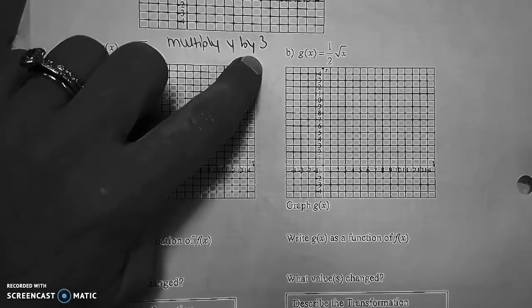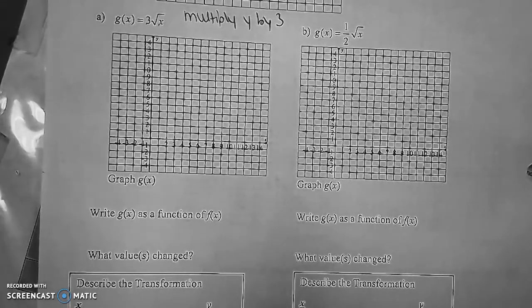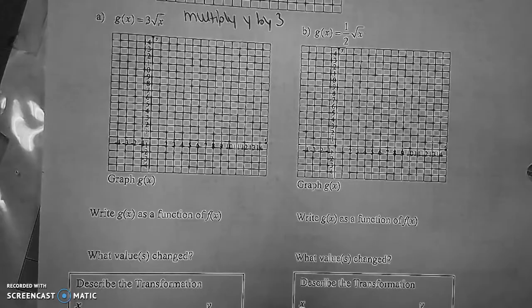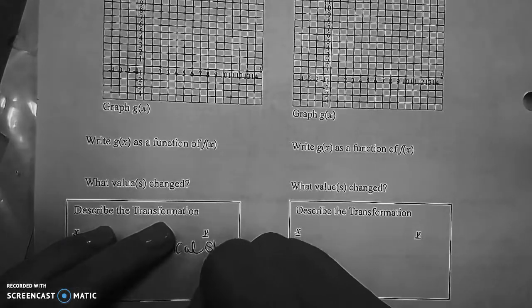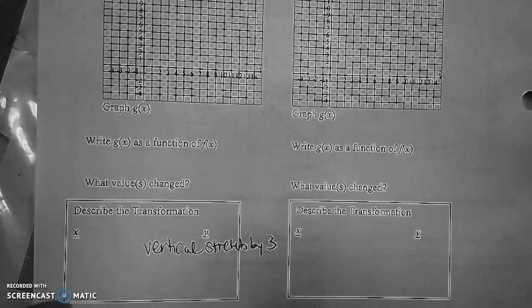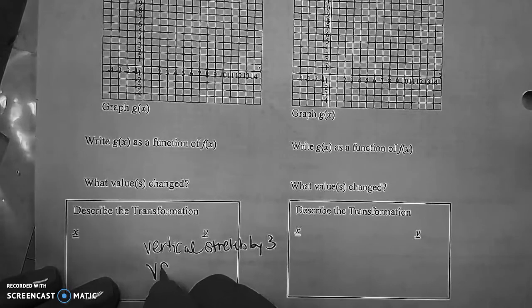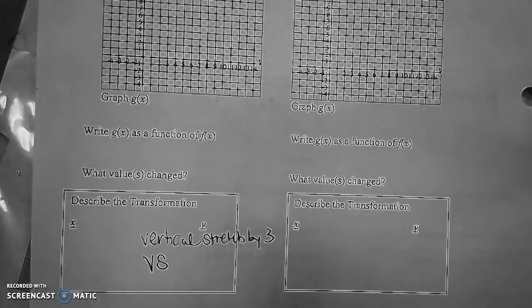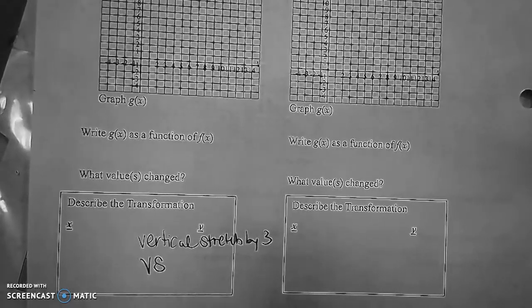If I multiply by 3, are my numbers going to get bigger or smaller? They get bigger. So that's called a stretch by 3. Sometimes you'll see us abbreviate that as VS by 3. But the correct transformation is a vertical stretch by 3.